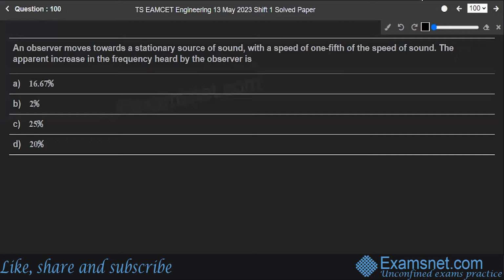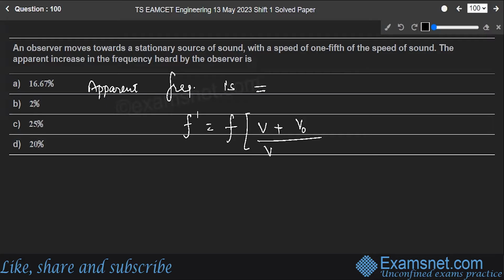Question number 100. An observer moves towards a stationary source of sound with a speed of 1/5 of the speed of the sound. The apparent increase in the frequency heard by the observer is, all right, see, the apparent frequency, let's say that's f dash, is given by your frequency multiplied by speed of sound plus speed of the observer, divided by speed of sound minus speed of the source.